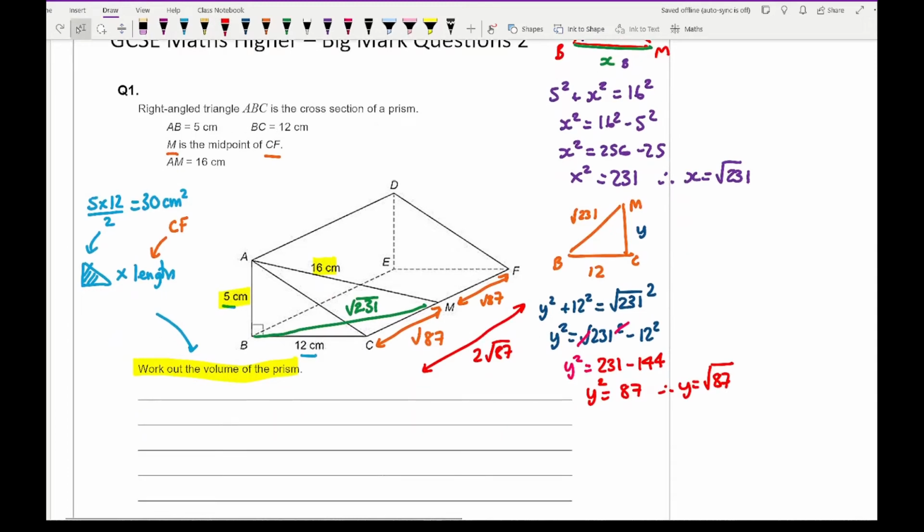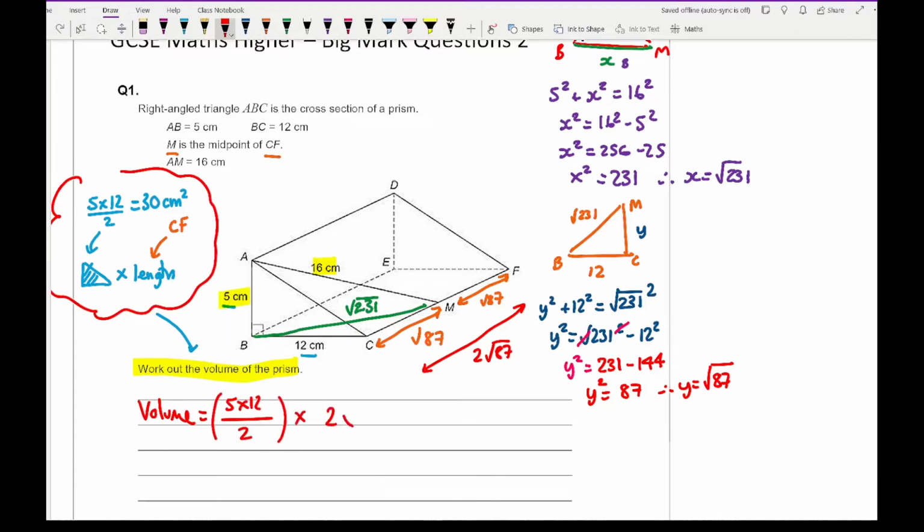So from this, what I can then do is go back to this here, that the volume equals 5 times 12 over 2 multiplied by 2 lots of root 87. So this then becomes 30 times 2 root 87.